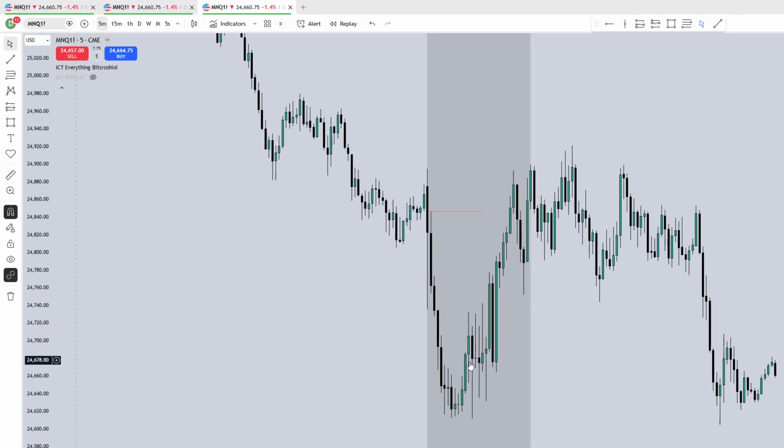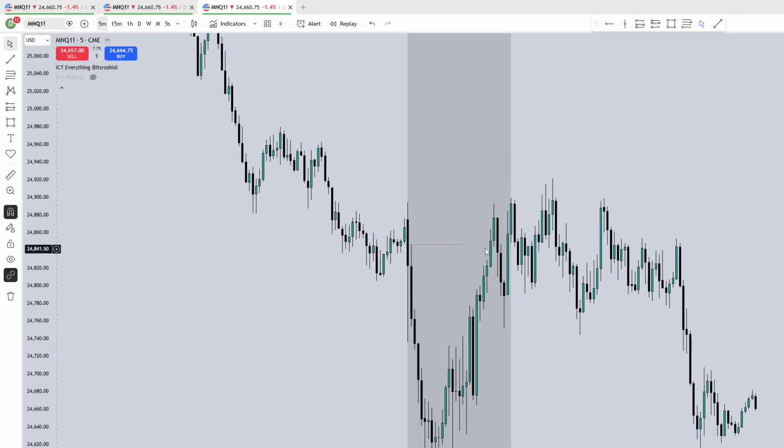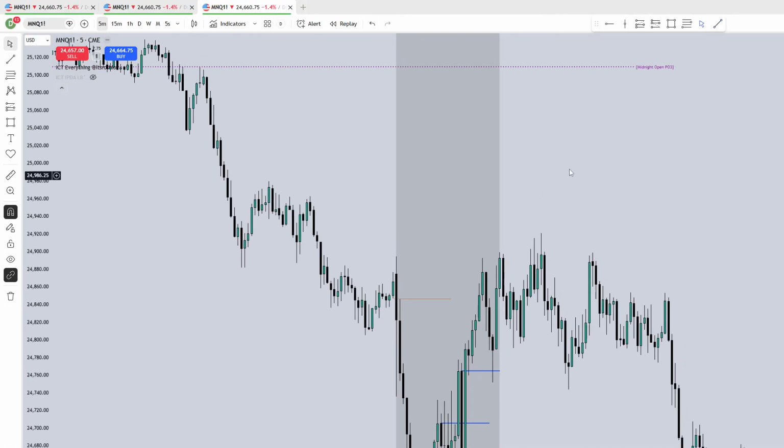By the time 9:30 comes and we're trading up towards that, we have this change in the state of delivery. And down close candles are now being respected. Notice how this fair value gap is not at 50%, so that does not count.